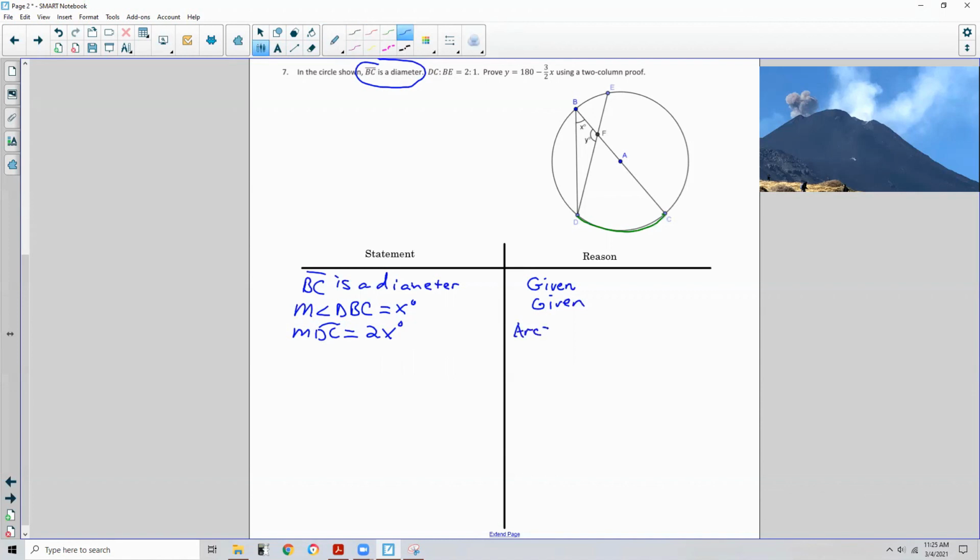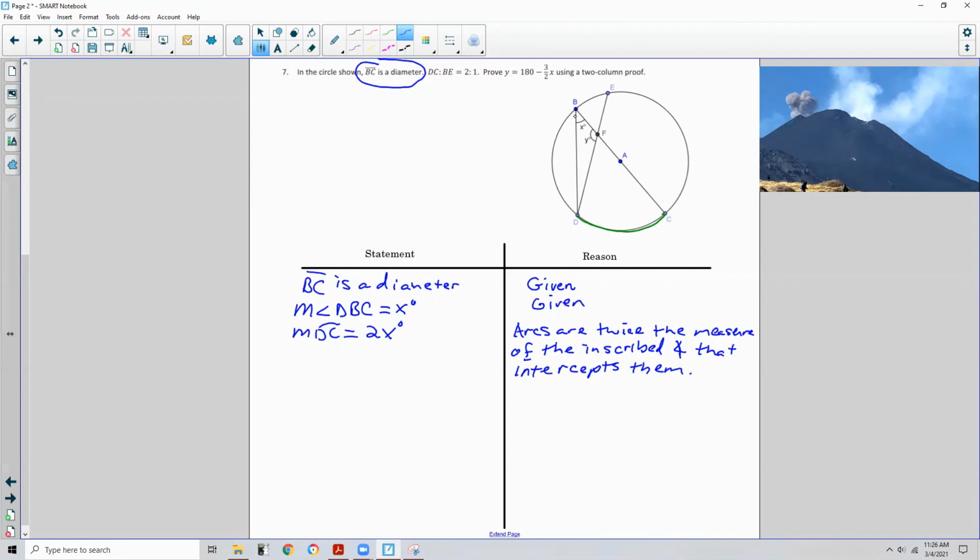Arcs are twice the measure of the inscribed angle that intercepts them. Okay. The arc measure is 2 times the angle.